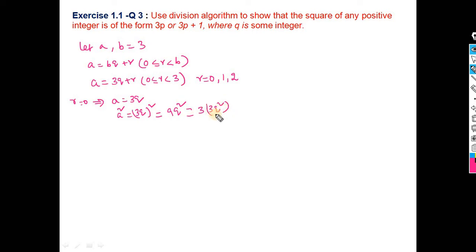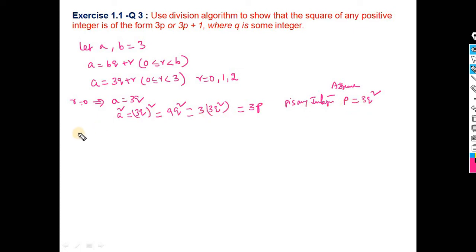I assume 3q square as p, so it is in the form 3p, where p is a positive integer, with p equal to 3q square.